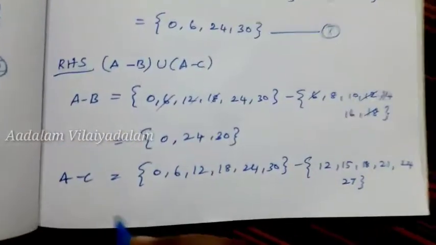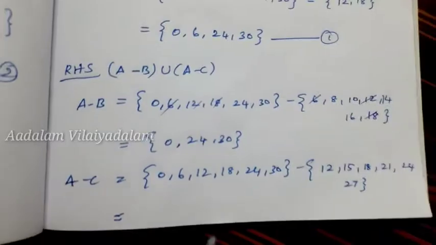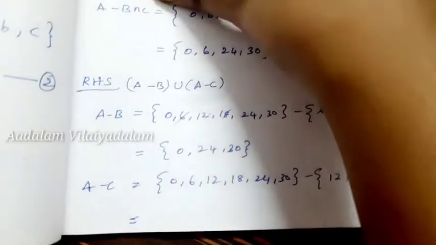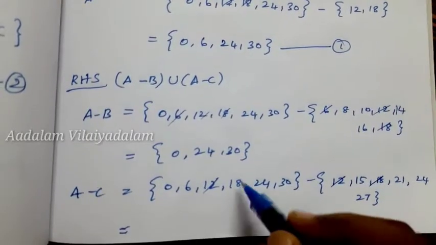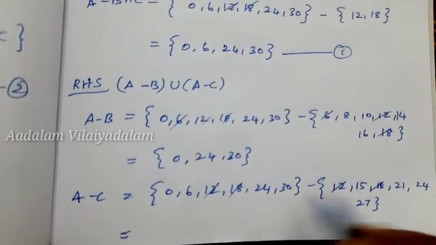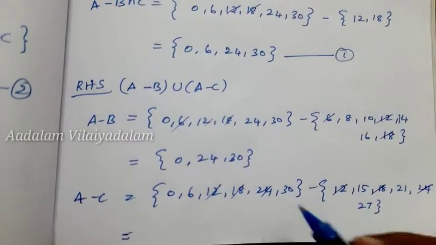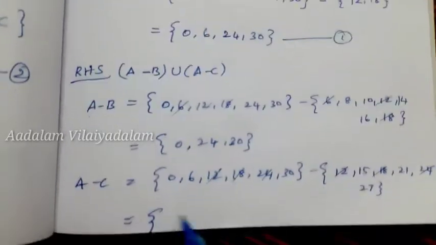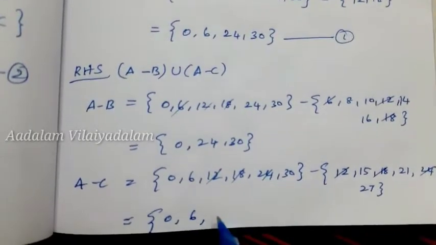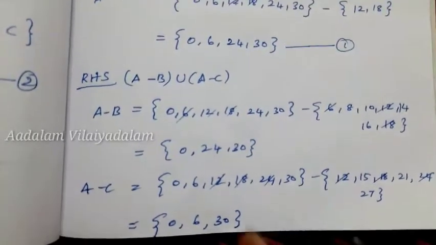So let's find what are the common elements: 12, 18, 24. Then write the remaining values of A, that is 0, 6, 30. This is A minus C.